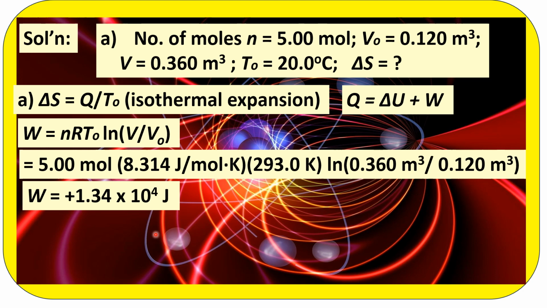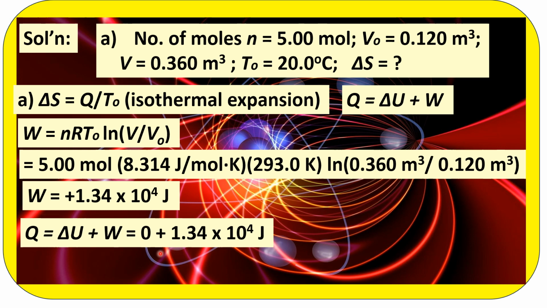Since the change in internal energy, delta U, is zero in an isothermal expansion, we can proceed now in determining the heat big Q, which is just equal to delta U plus the work done W. And since delta U is zero, we just add to delta U the amount of the work done, 1.34 times 10 to the 4th joules.